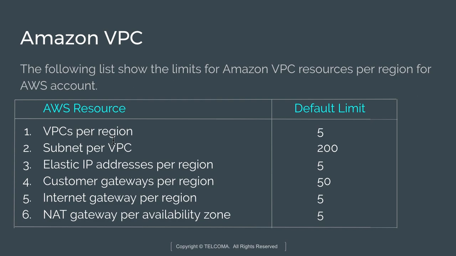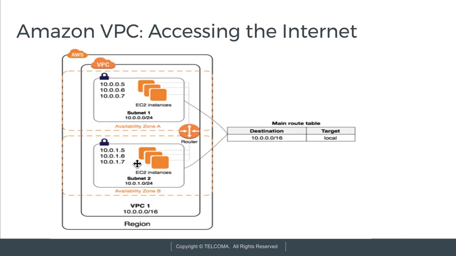So if we see this as a region and this as my virtual private cloud 1, we can have 5 VPCs, and the subnets in this region can be 200.